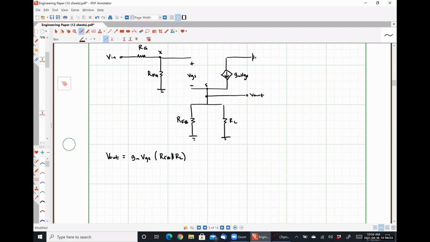We didn't know that. We don't know the current going through RF. Yeah, that's fair. Any other thoughts? We're trying to get the voltage gain, so we need to know an input-output relationship. Right now, we have things in terms of VGS.